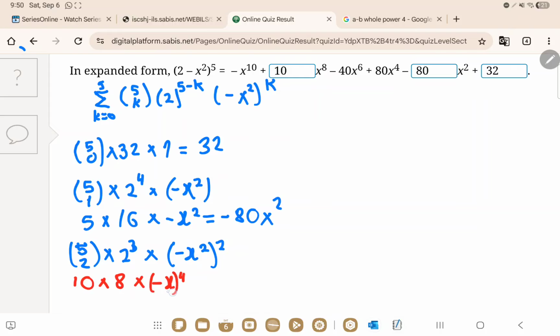Negative x to the power of 4 is a positive number, so it becomes plus 80x^4.